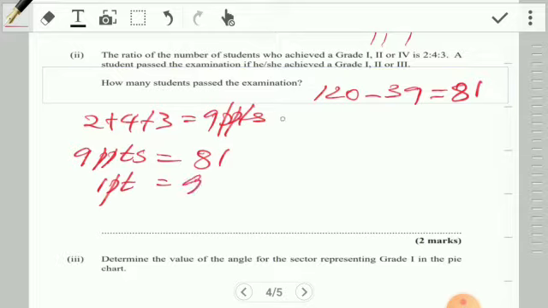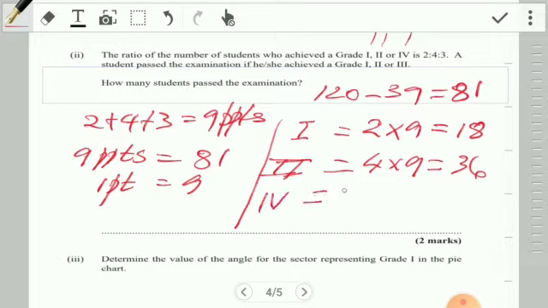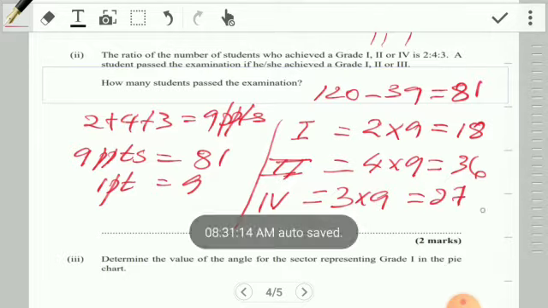Then if we want to work out the rest, for a grade 1, it's going to be 2 times 9, which is 18. For a grade 2, it would have been 4 times 9, which is 36. And for grade 4, we're looking at 3 times 9, and that is 27.